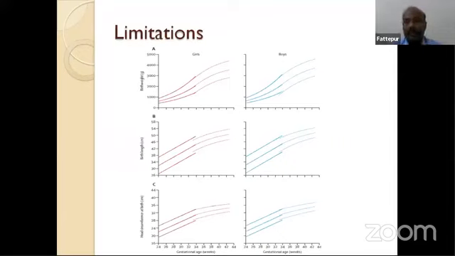Hardly 12 babies were there to define how they grew. That's why less than 33 weeks of gestation, we don't know whether the curves are really good or not. This is the main limiting factor of the Intergrowth 21 standards.